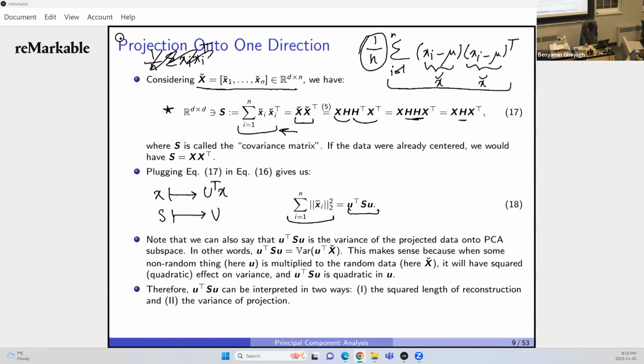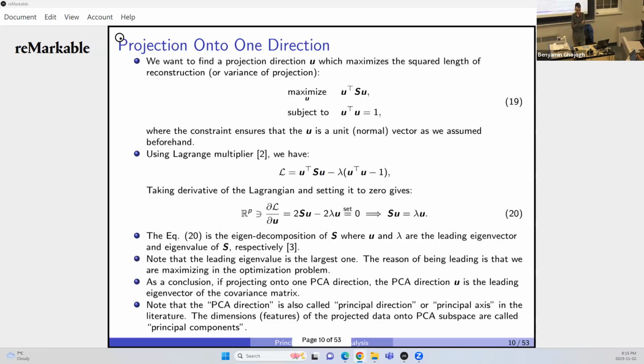It will be U transpose SU. You can interpret this as the covariance matrix after projection. The covariance matrix before projection is S. The covariance matrix after projection is U transpose SU, if your projection matrix is U, or projection direction is small u, doesn't matter. Did you understand? Okay.